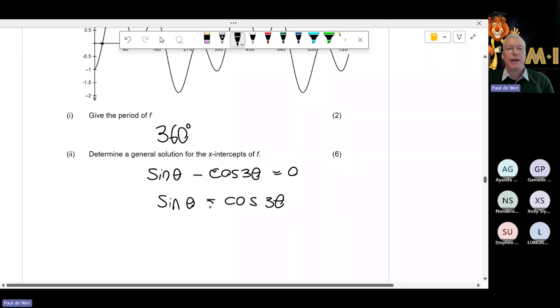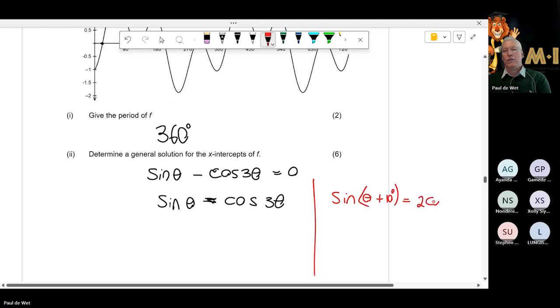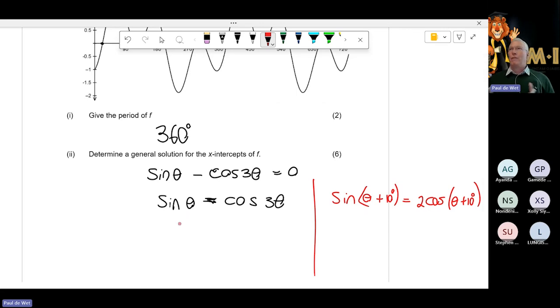Listen carefully to what I'm going to say now. In trigonometry, when you've got sine and cos in the same equation, there are 2 types. If you've got something like this, there's a strategy here. The strategy for the red one is not going to work for the black one.